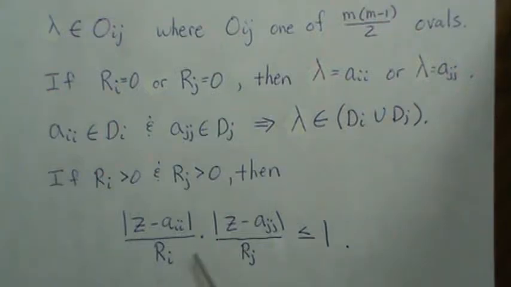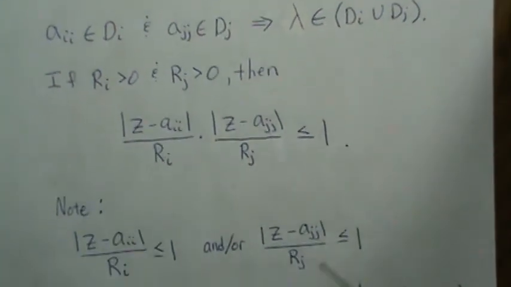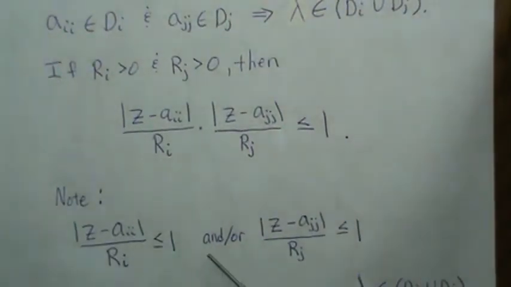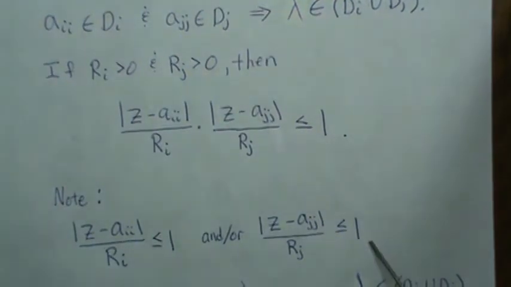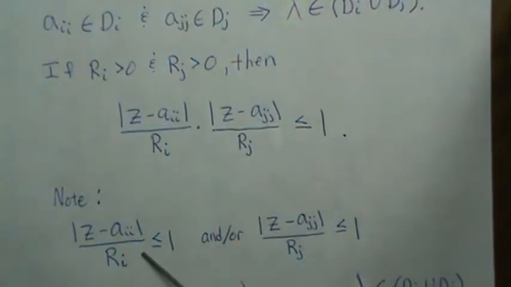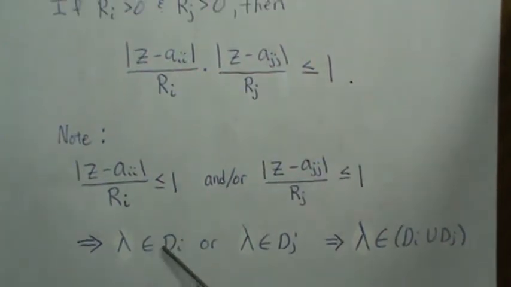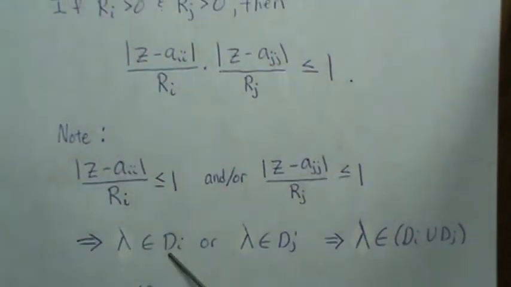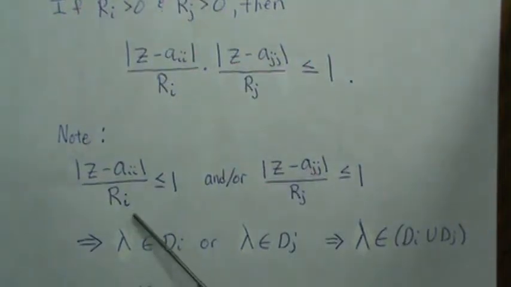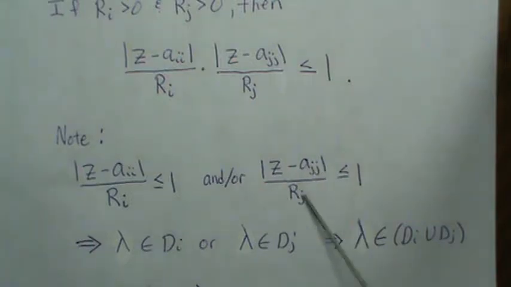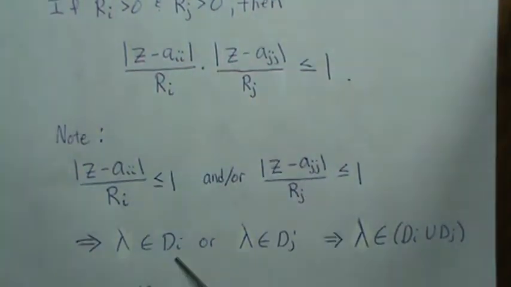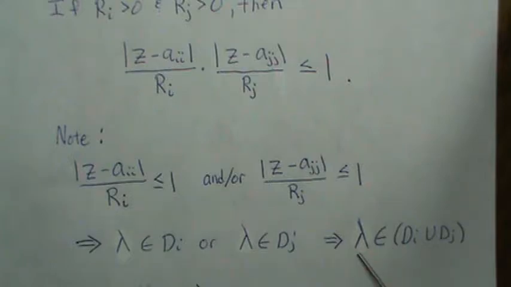Now for this product to be less than or equal to 1 says that one of these, or both, have to be less than or equal to 1. Well, that means that lambda is either in the ith Gershgorin disc, or it's in the jth Gershgorin disc. And if it has to be in one of those, then it's clearly in the union.